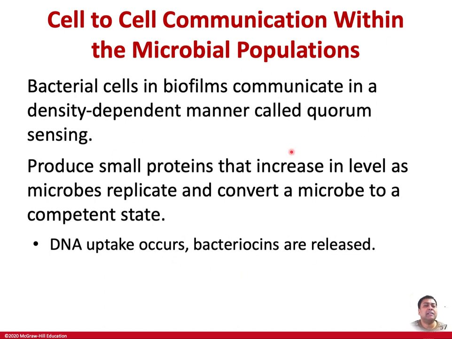Competent cell means that they will be able to take up DNA from the environment. Once all these cells have become competent, the cells will release bacteriocins. And what the bacteriocins will do is kill or destroy all the ones which are not competent yet.